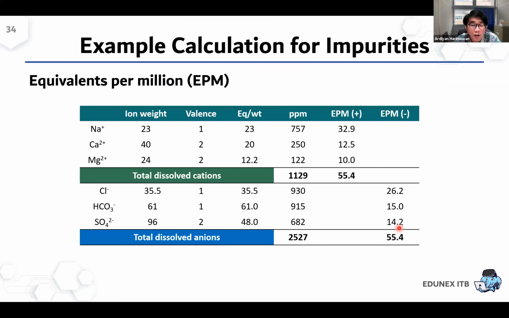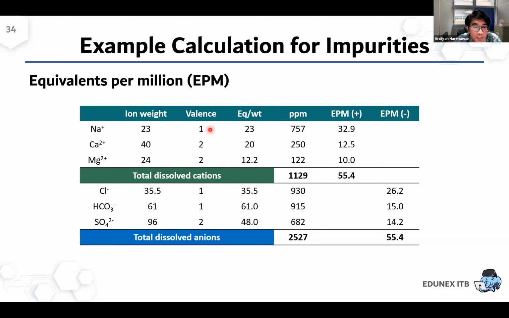Okay, this is how you can do these types of calculation if you test the water. Na, Ca, Mg is the cation side. This is the anion side. You have the ion weight, then the valencies, and then the equivalent weight.